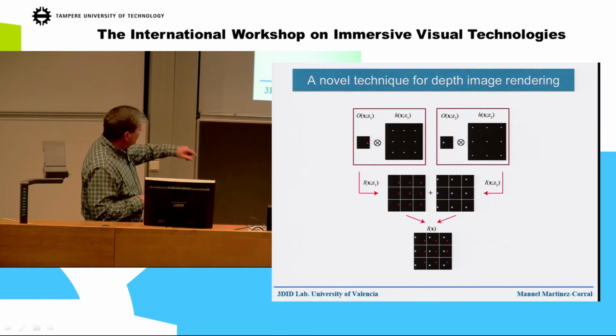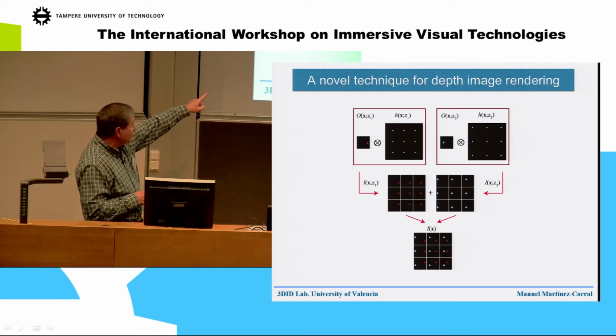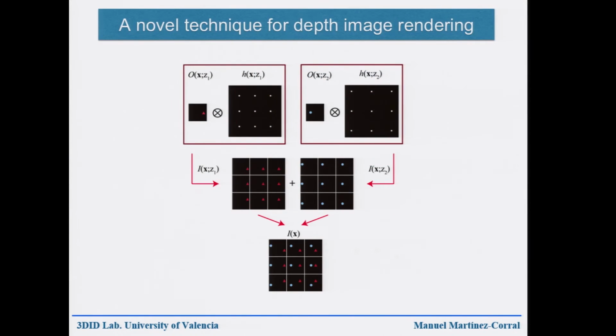In this way, if we have two objects, the red and the blue ones, we find that they provide copies in the detector, but with different distance between them. The parallax is different. The disparity is different.